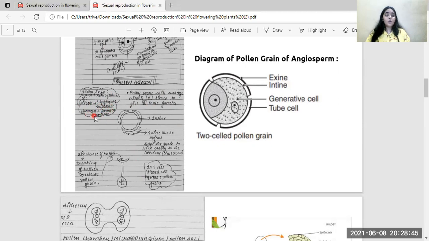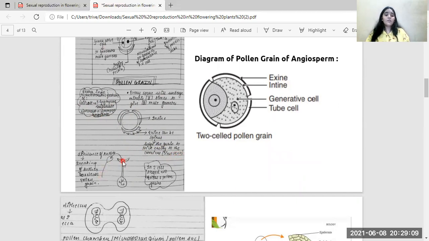The monocots have one germ pore, and hence they are known as uniporate. The pollen grains may have a spinous exine, which helps the grain to easily stick onto the carriers, which are insects, etc.